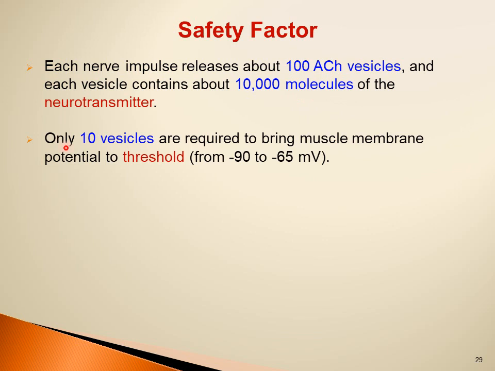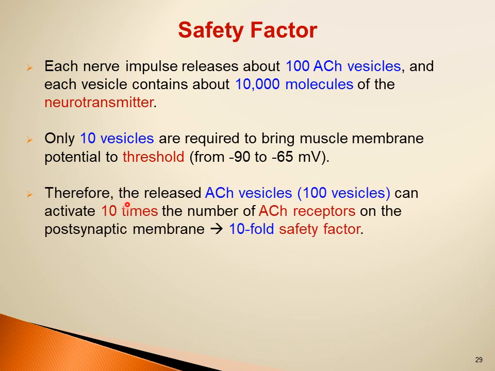Actually, only 10 vesicles are required to bring the muscle membrane potential to threshold, from -90 to -65 millivolts. Therefore, the released acetylcholine vesicles, about 100 vesicles, can activate 10 times the number of acetylcholine receptors on the postsynaptic membrane. So we have a 10-fold safety factor.